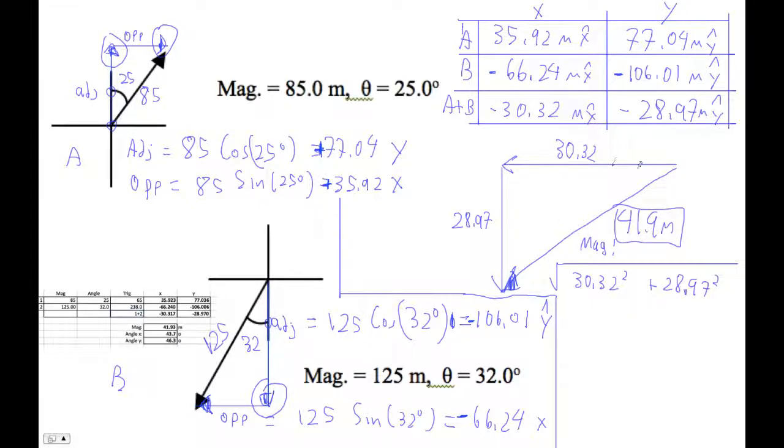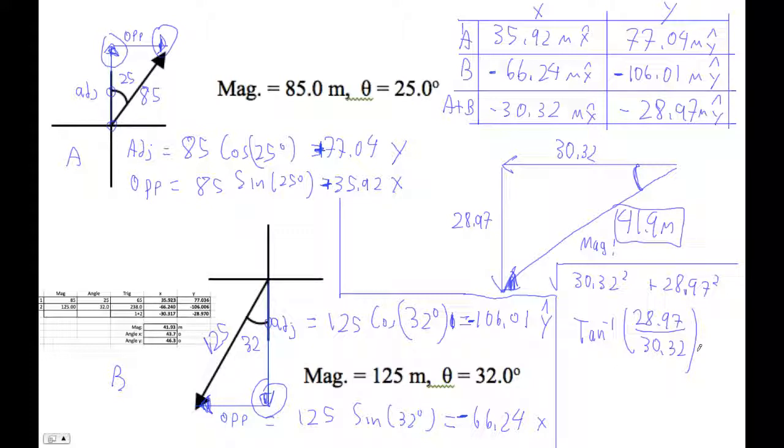Okay, and then I'm going to find this angle. It's always good to find the angle with the tail of the vector. That's the tail, that's the tip, right? And that's going to be the inverse tangent of the opposite, so 28.97 over 30.32. Okay, second tan, 28.97 divided by 30.32.